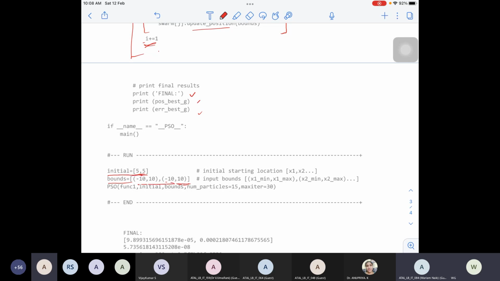Initially I keep the particles at this position, then I bound the region to -10, 10 on the x-axis and y-axis. Then I call the PSO function. The total number of particles initially is 15, and the maximum number of iterations the loop is going to run is 30.